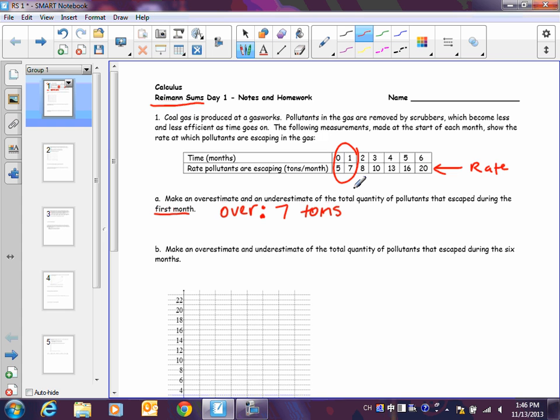So imagine this. It's a smooth curve, but imagine that I take the measurement today and it's 5, and then immediately it increases to 7 and rides out 7 for the whole first month. If it's 7 tons per month during the whole month, then 7 tons is my answer for 1 month. So then what would be my underestimate? 5.